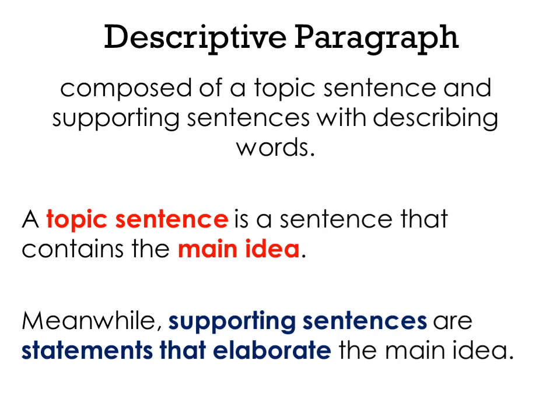What is that paragraph all about? That's the topic sentence. Meanwhile, supporting sentences are statements that elaborate. When we say elaborate, it means saying something a lot, in details. They elaborate the main idea or the topic sentence.